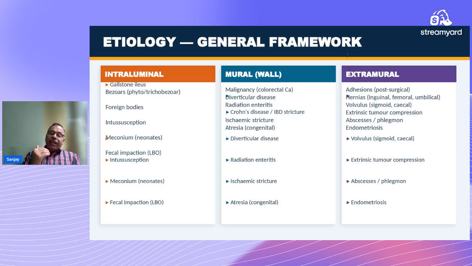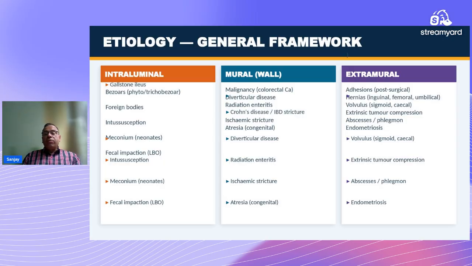Then we have radiation enteritis, inflammatory bowel disease leading to different types of strictures, like Crohn's disease specifically. Similarly, congenital atresia, where there is a failure of recanalization of the lumen, or ischemic strictures. These are the important causes which can lead to mural intestinal obstruction.